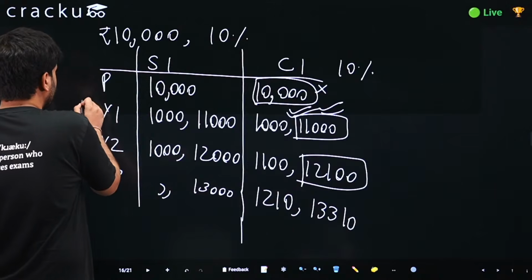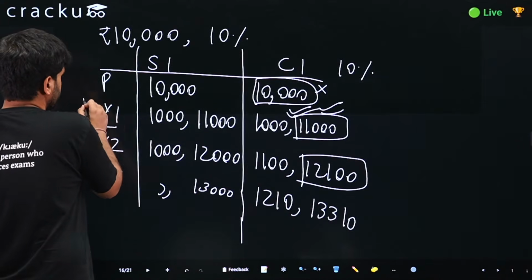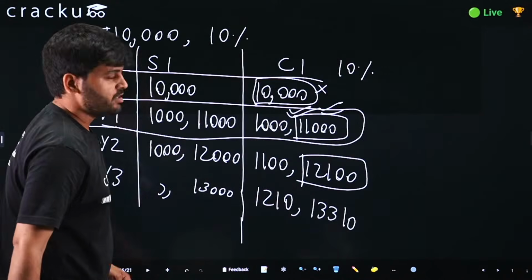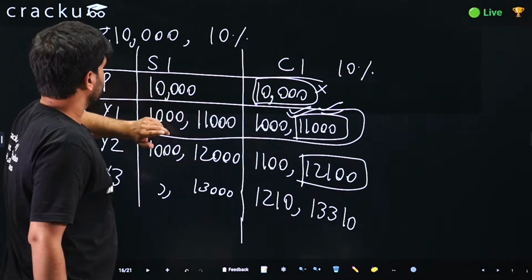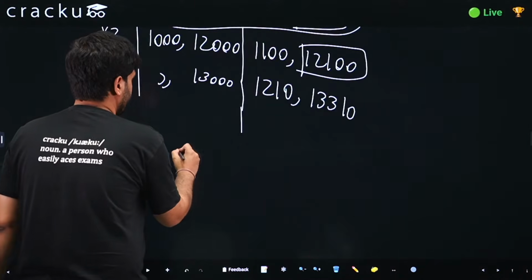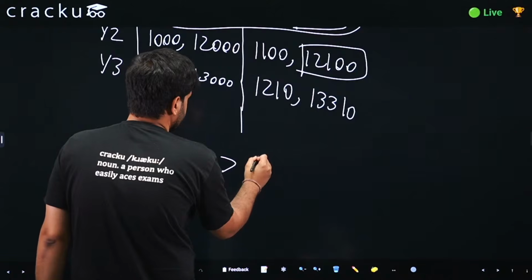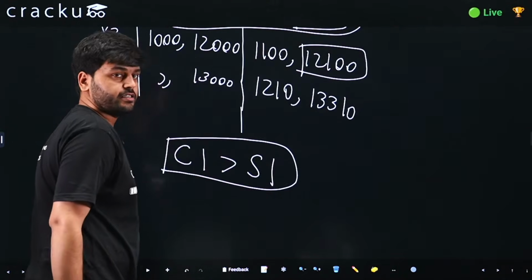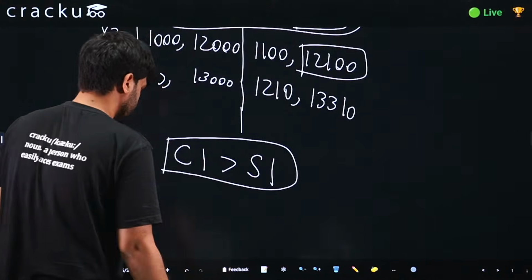For only the first time duration, the simple interest and compound interest are the same for the same rate of interest. After the first time duration, we can say that compound interest CI is always greater than simple interest SI for the same rate of interest.